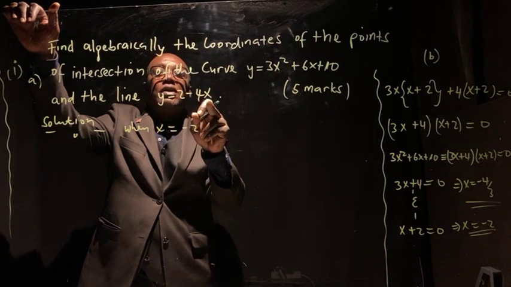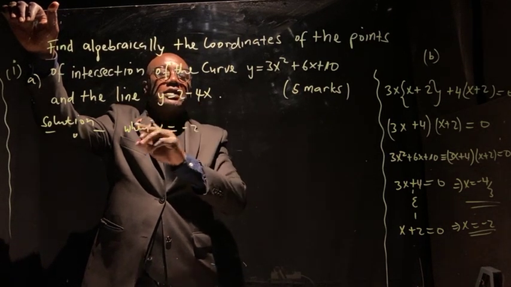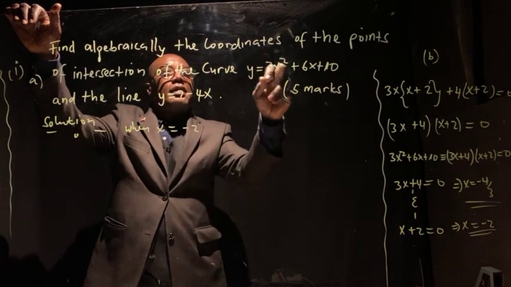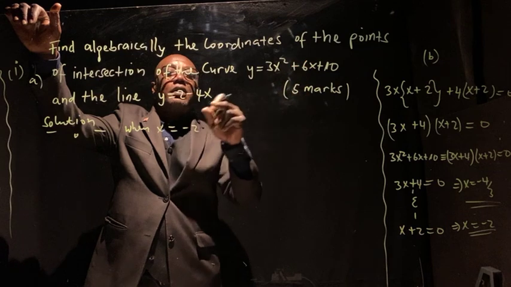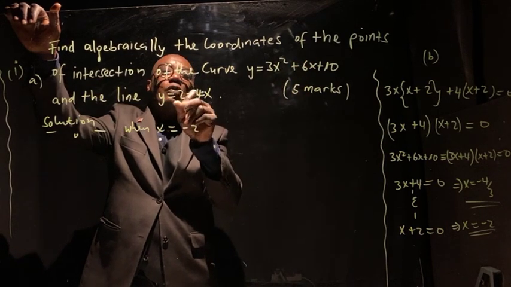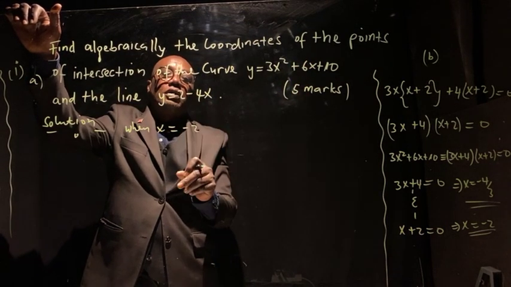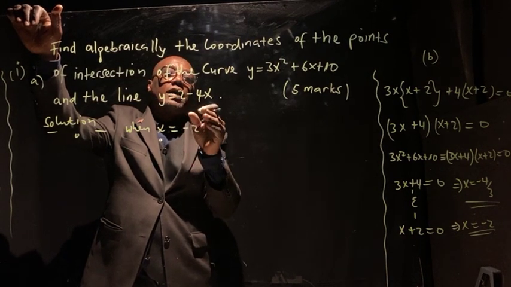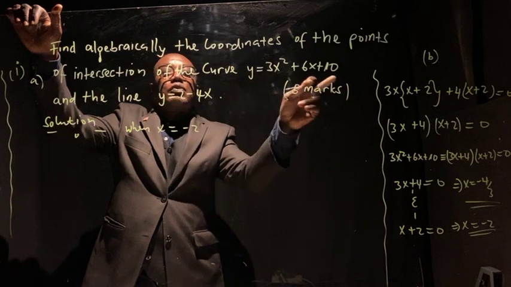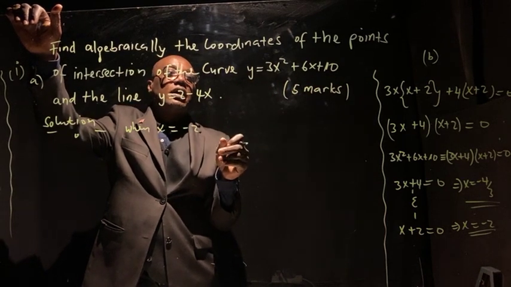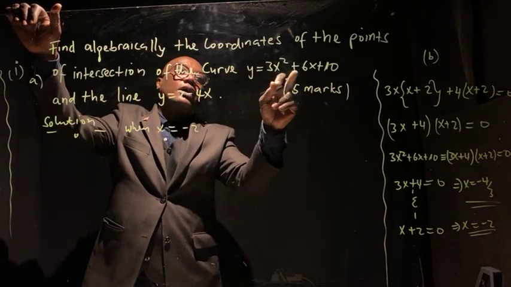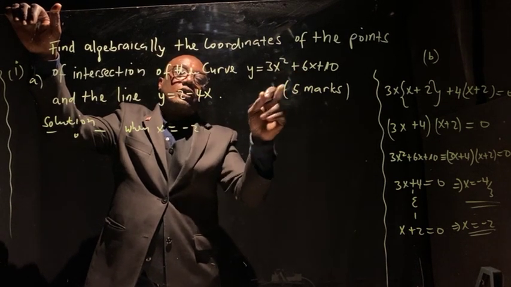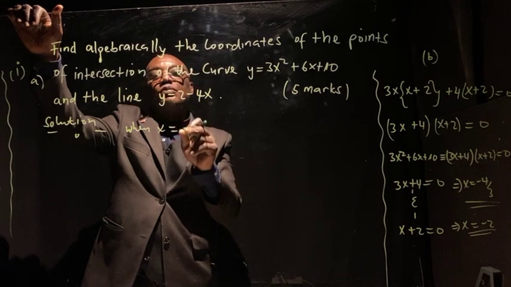They will both give you the same y value. But instead of using this, it takes a bit of time. Why can't you use the simplest version to find the y value? That's what we are going to do. At your leisure, you can try with this one as well. Because of time, we may not have time to verify x equals minus 2 using this equation. You can do that. Let's pick up this simple one.